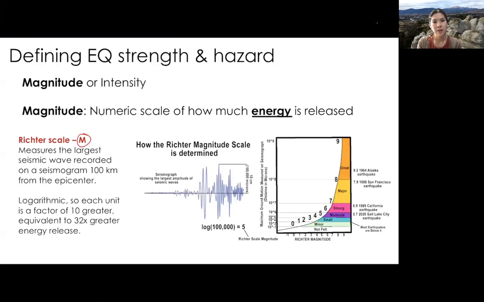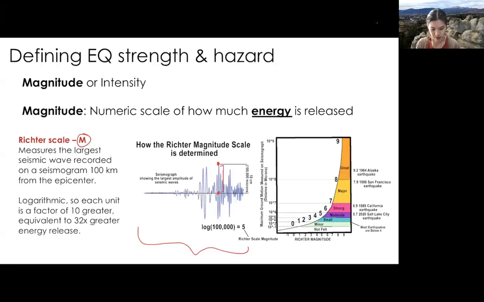But the Richter scale would measure the largest seismic wave on a seismometer that was recorded 100 kilometers away. So in this example view in the center here, here's the seismogram from 100 kilometers away from an earthquake, and the largest wave got this high. The amplitude of that wave, or how high it is from the background level, is measured.